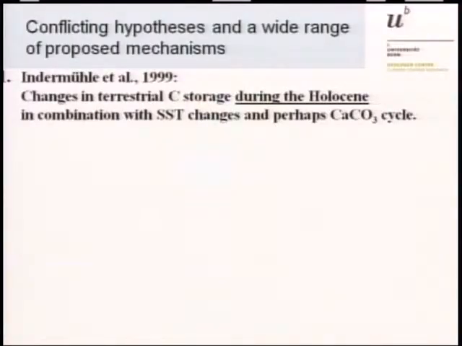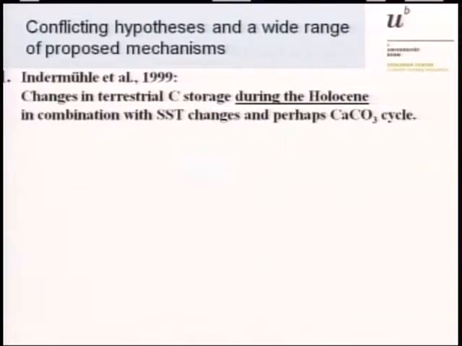When we published the CO₂ record in 1999, we had also a few preliminary delta C13 data at hand. Based on this C13 data, the suggestion was that it's changes in terrestrial carbon storage in combination with sea surface temperature changes and perhaps changes in the calcite cycle.